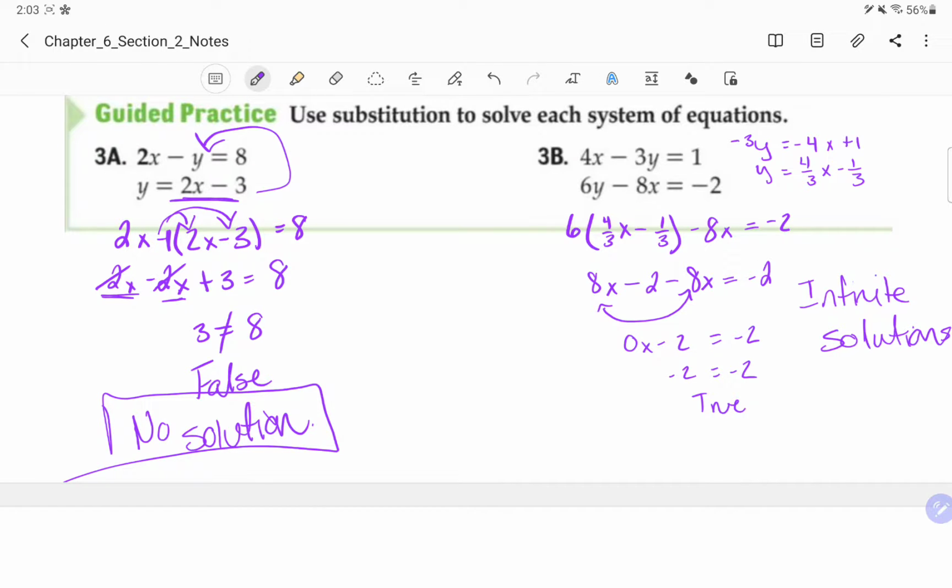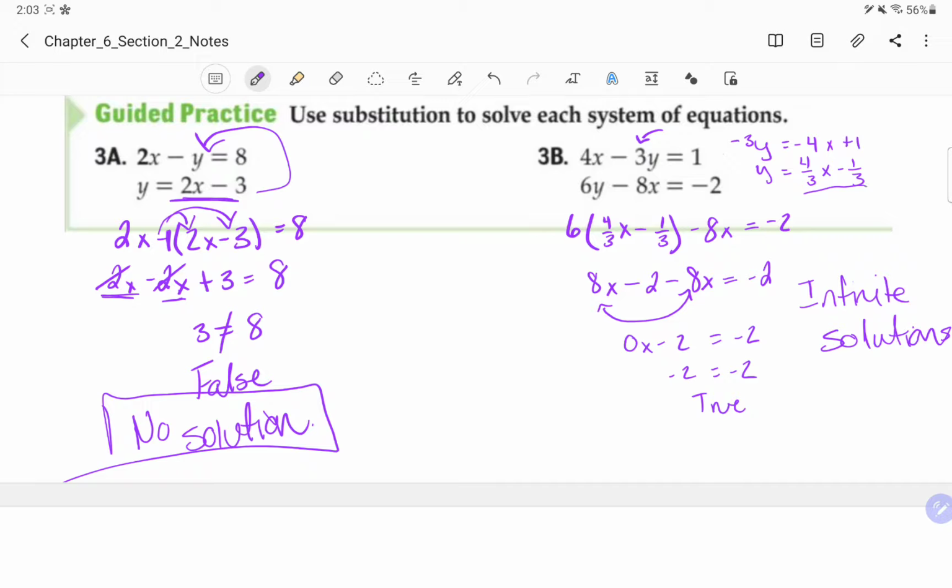Over here, first I solved this top one here for y. So I subtracted over 4x, which gave me negative 3y is equal to negative 4x plus 1, divided both sides by negative 3, and that gave me 4/3 x minus 1/3, okay?